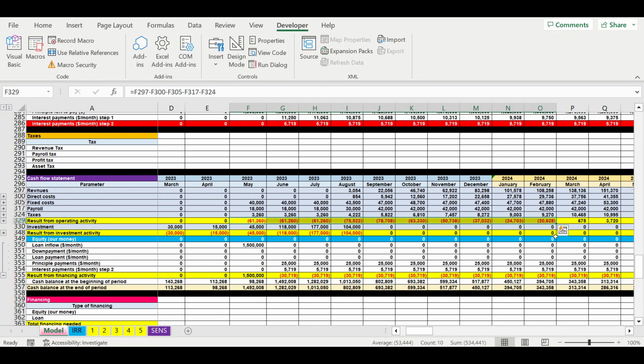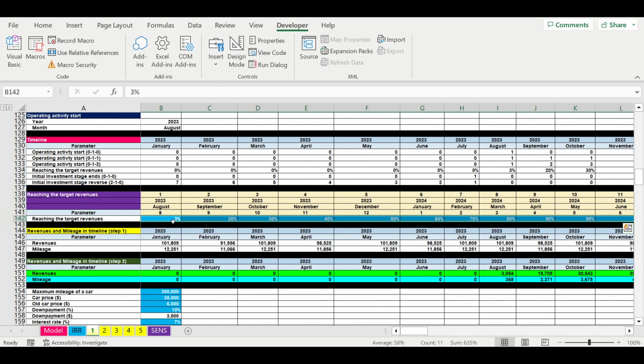So these operating losses are very important part of financing needed for the business start. And playing with these numbers will allow you to see how much additional financing you will need in this case, in that case. So this is very, very important part.